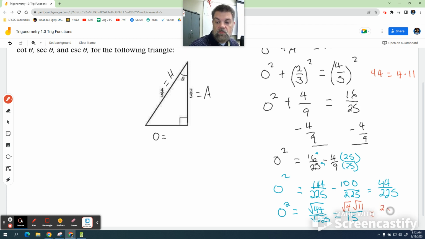Yeah, it's going to be 2 root 11 over 15, yes? And then I got to think, can I reduce the 2 and the 15 and all that stuff or no? No, not really. So then how many of you guys got 2 root 11 over 15? Oh, you guys got that? All right. So the opposite is 2 root 11 over 15.